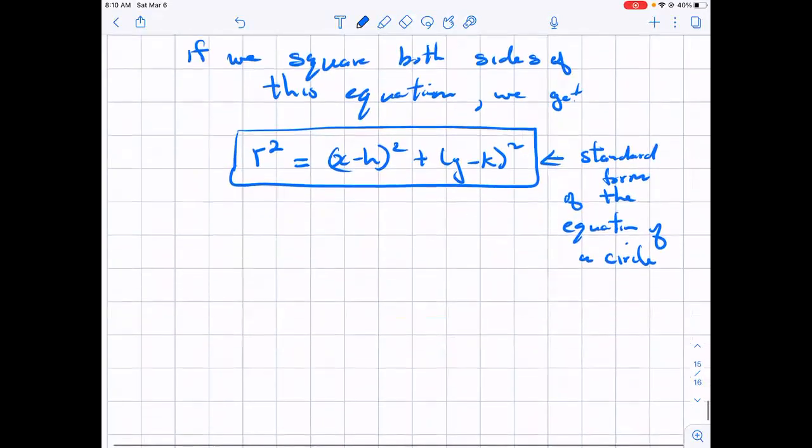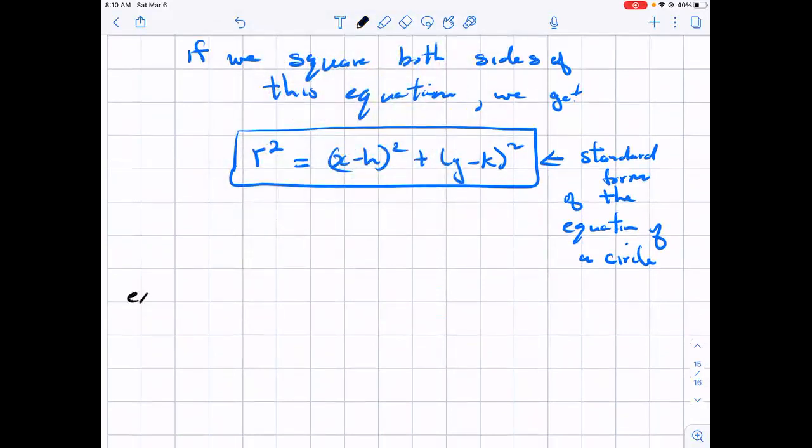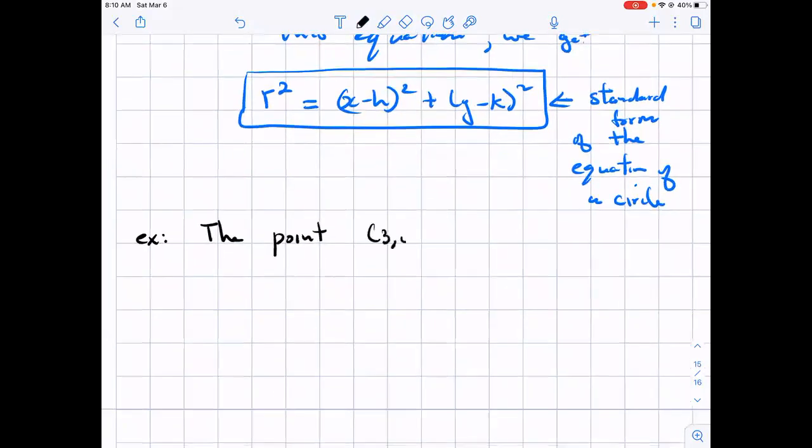So let's look at this here. Let's look at an example. Suppose I ask you to show that the point 3, 4 lies on a circle.